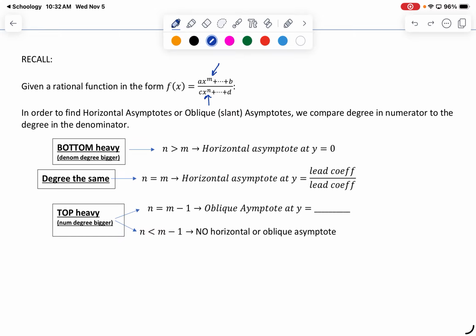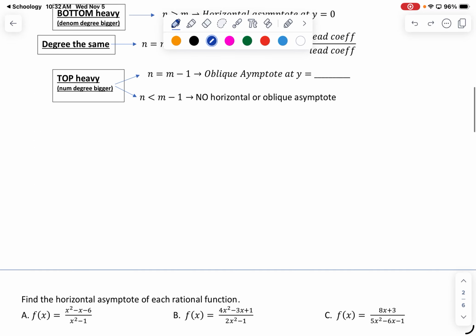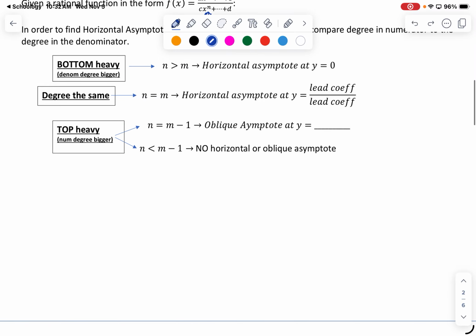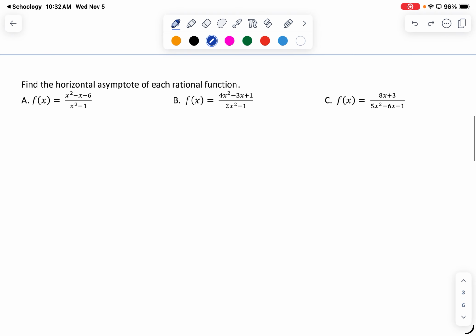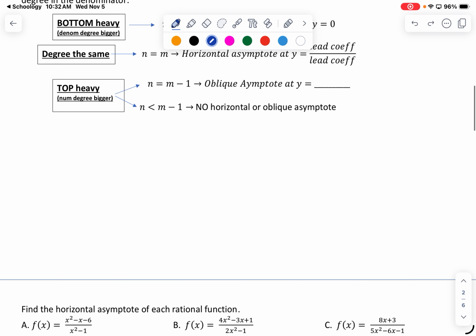And I'll show you today how to find that. Once again, if the degree in the numerator is bigger, there's no horizontal asymptote, but there is an oblique asymptote, but only if the degrees differ by one. But that's all that we're going to see today. Okay, if they differ by 2, then there's no horizontal or no oblique asymptote.